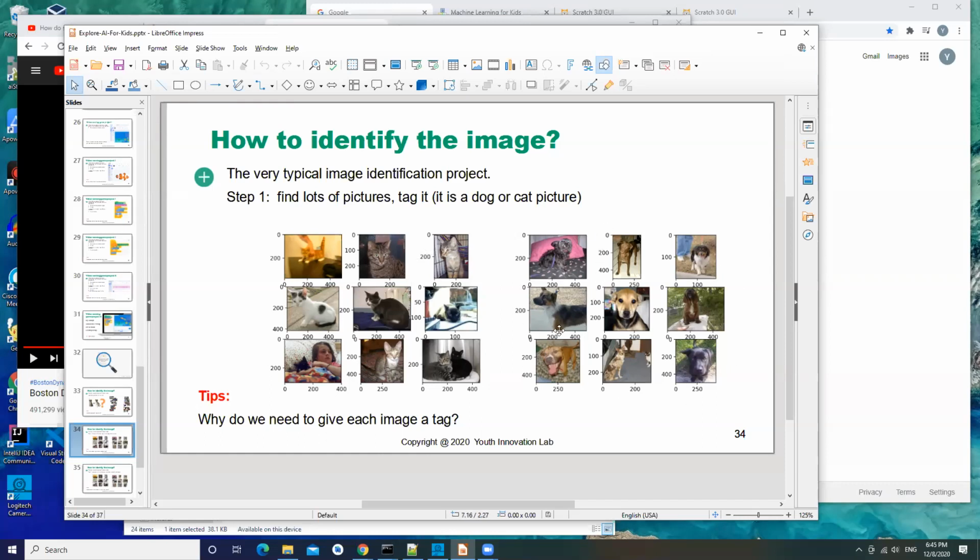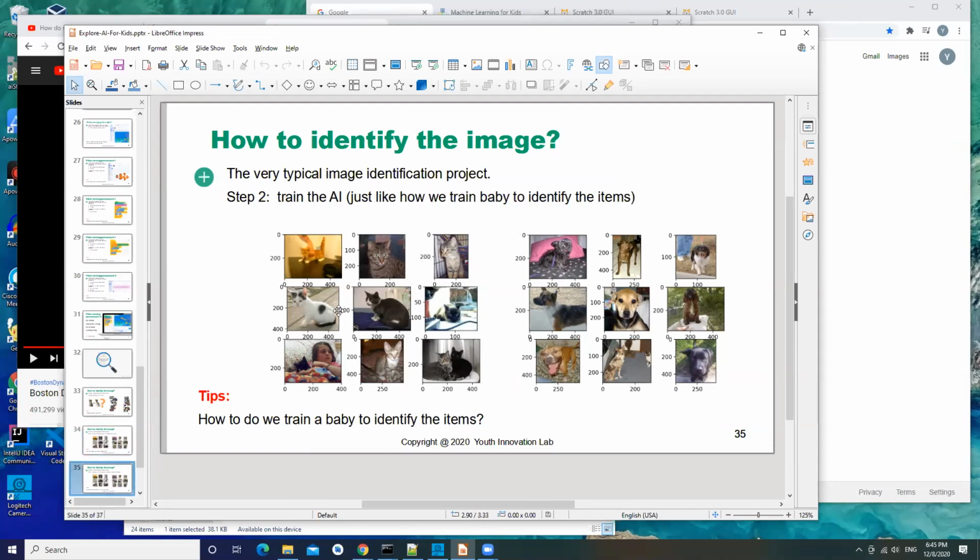On the right side, the tag for this animal is dog, right? So that's why we need to give the image a tag. Believe me, the human brain has really built that in, but if we want to train the computer, it takes a lot of computer power to really keep track of this and understand it.